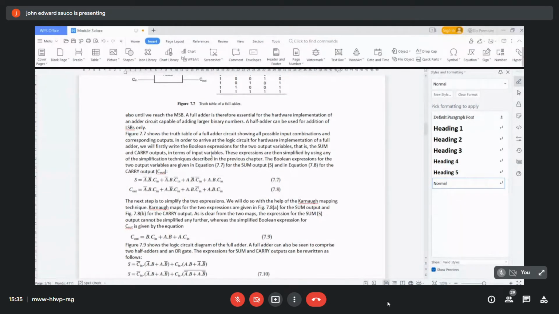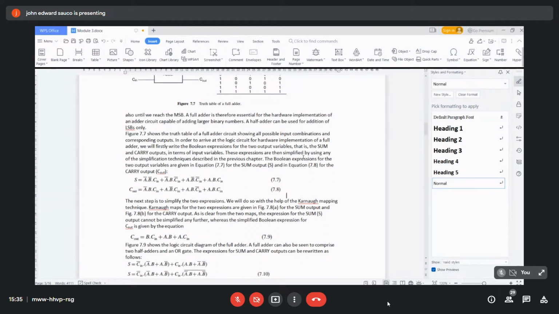Okay? So, let us do it. From the truth table, in order to arrive at the logic circuit for the implementation of both outputs, we will first rewrite the full expression for the two outputs in terms of minterms.